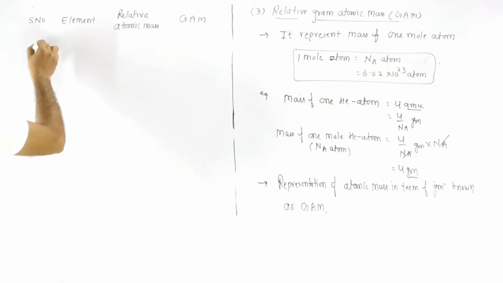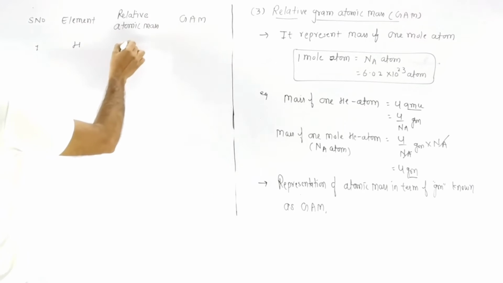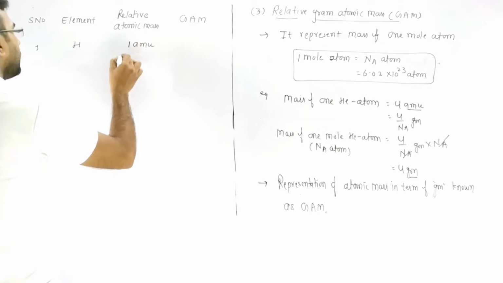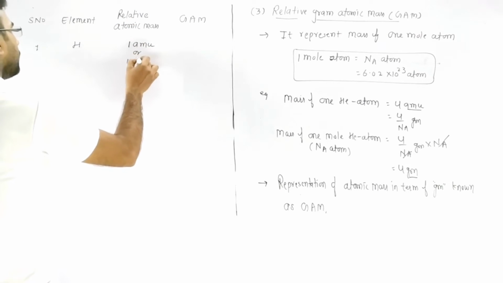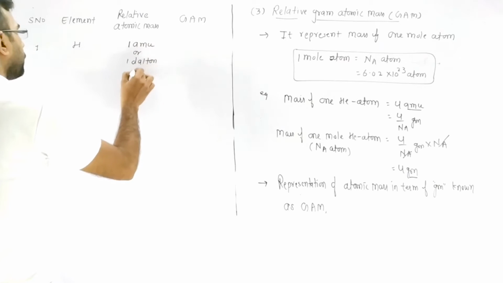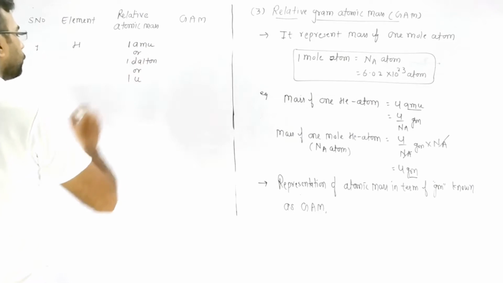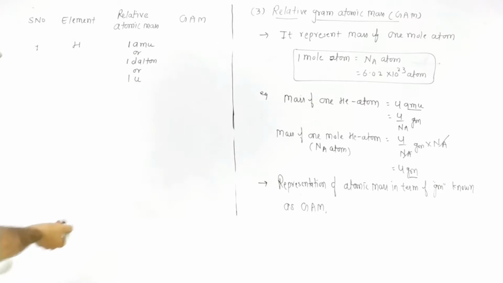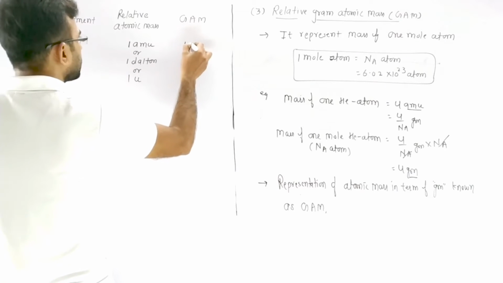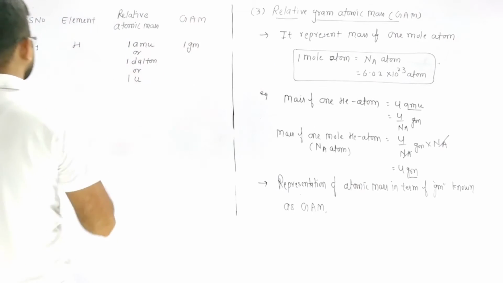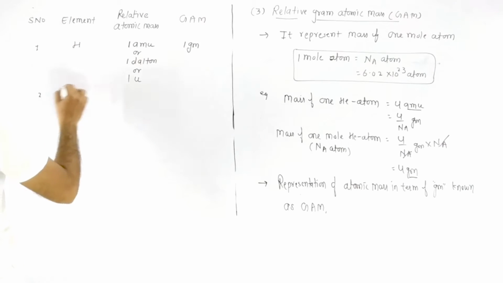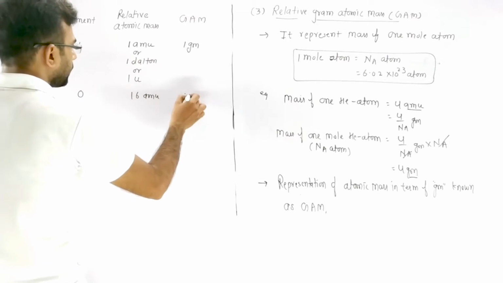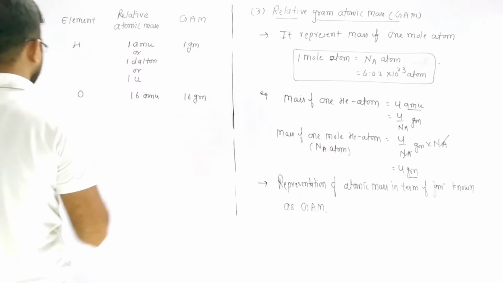We have an example: hydrogen has an atomic mass of 1 AMU. Sometimes it is also written as 1 Dalton or sometimes 1 U. These all have the same meaning: 1 AMU, 1 Dalton, 1 U. But in the case of gram atomic mass, we represent it by 1 gram. Similarly, oxygen has a mass of 16 AMU, but here we represent 16 gram.